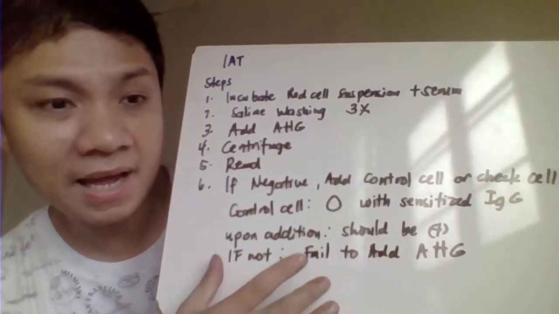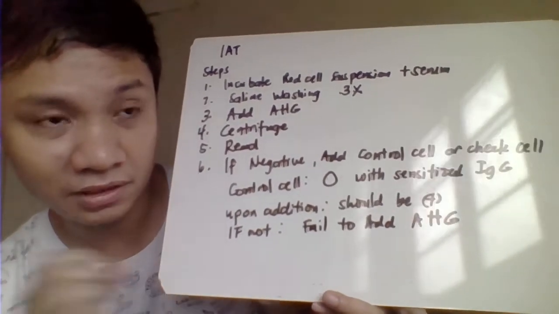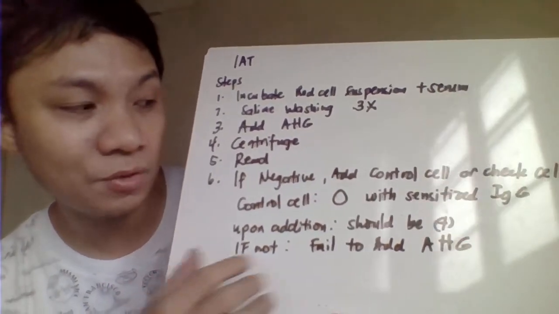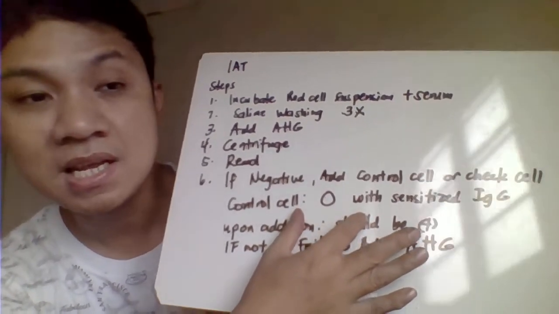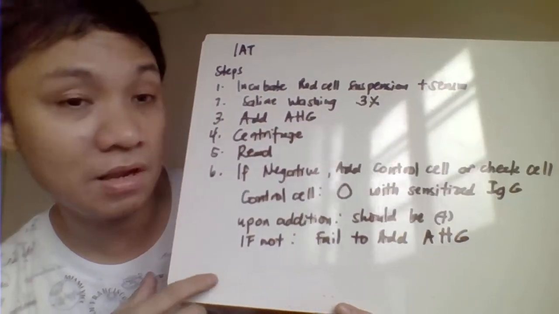For example, nag-add ka ng control cell, tapos negative pa rin. Ano ibig sabihin nun? Number one, maybe you failed to add yung anti-human globulin. So kahit meron kang positive na RBC, may nakasensitize na IgG or complement, pag wala kang anti-human globulin, you could not visualize that one.